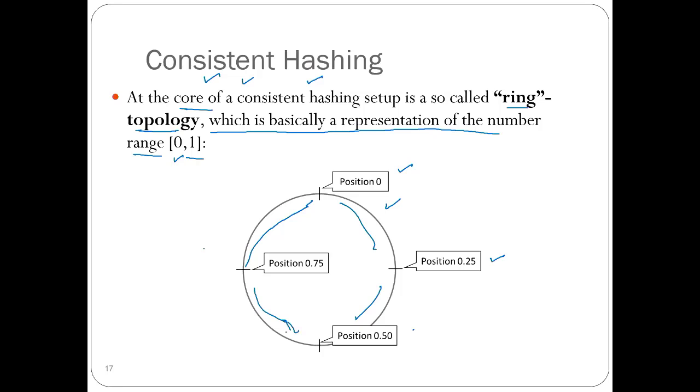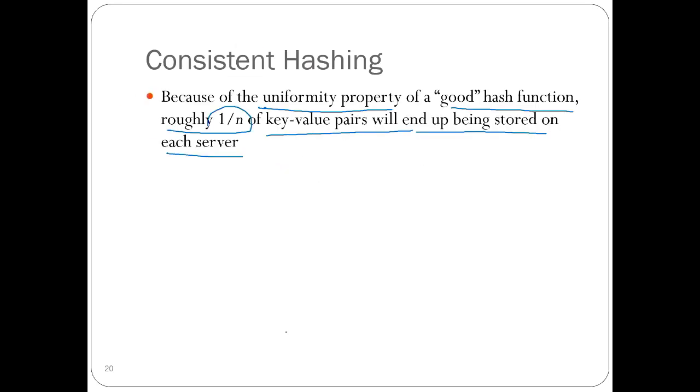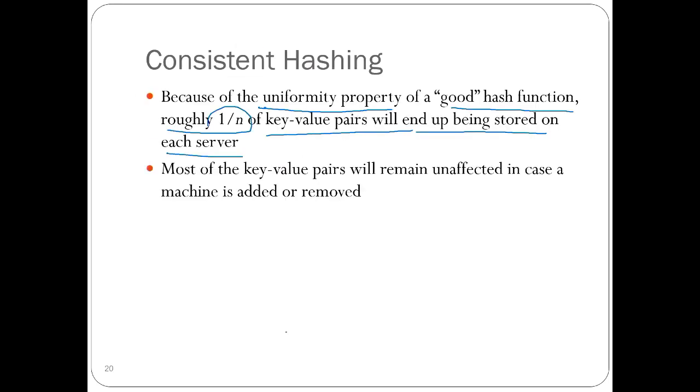If you are using a very nice hash function that will uniformly distribute keys around this ring, then we are fine. Each server should get 1/4 of the keys. So most of the key value pairs will remain unaffected in case a machine is added or removed.